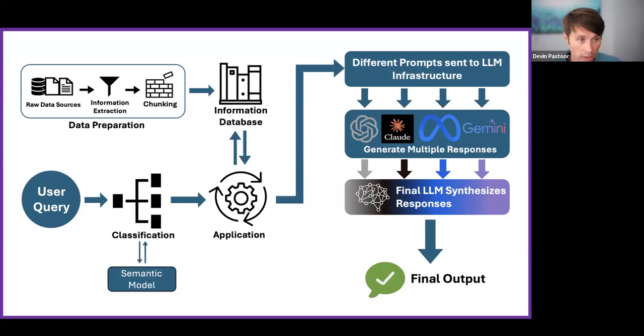And so not that all applications need to look like this, but do recognize that these things can become very complicated depending on your objectives and your aspirations for the solutions within your organization.